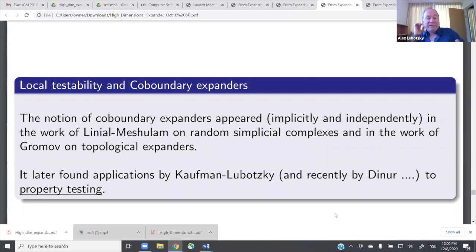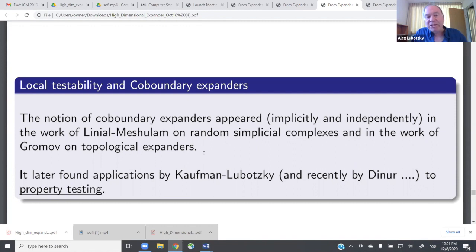There is a notion which is not so simple and very non-intuitive, cohomology over F2, which appears implicitly but independently in the work of Linial and Meshulam on random simplicial complexes, and in the work of Gromov on topological expanders. So if you see such a non-intuitive notion appearing twice by different people, it must be important and natural.